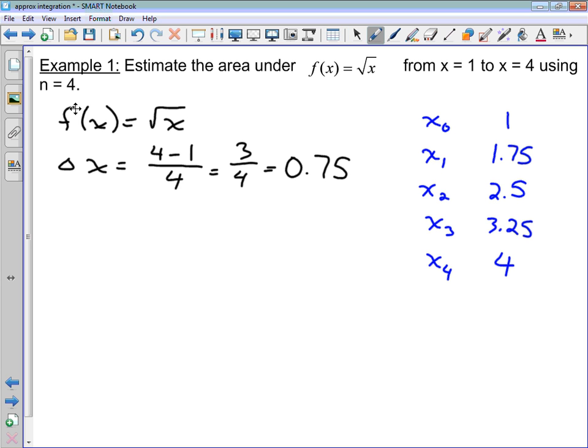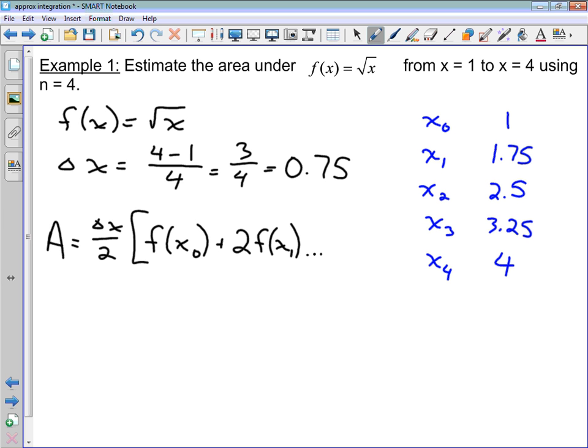We know that the area is going to be delta x over 2 all times f at x naught plus 2 times f at x1, okay, and we'll have 2 of all those terms in the middle, all the way up to the very end, where we'll just have 1 of our last term.